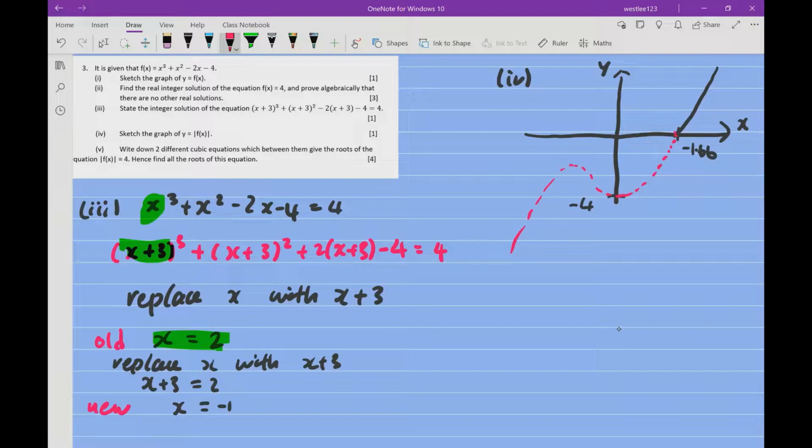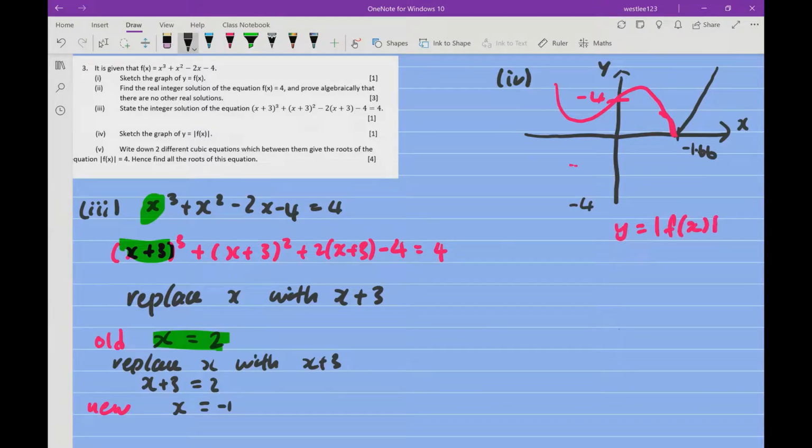When you flip it upwards, it looks like this. So this is -4, and that's 1.66. This is y equals modulus f(x).